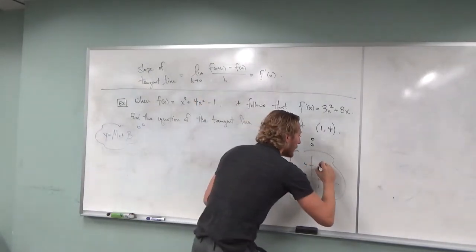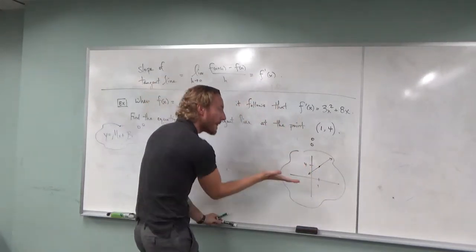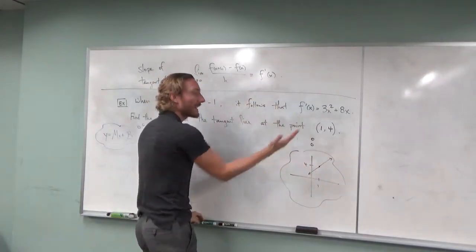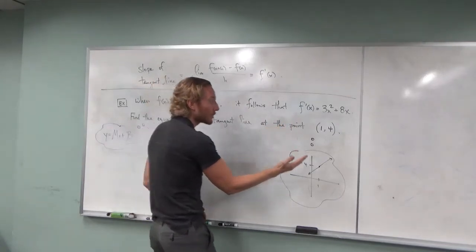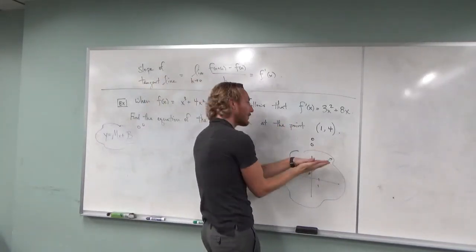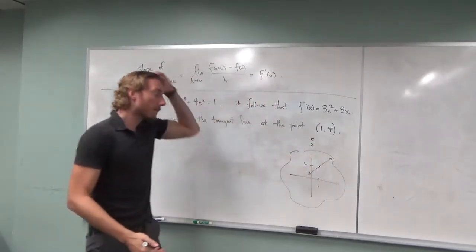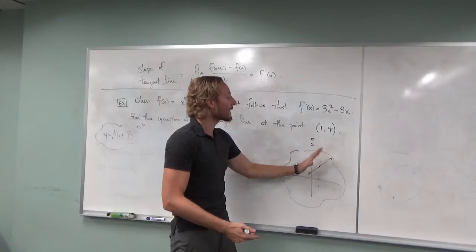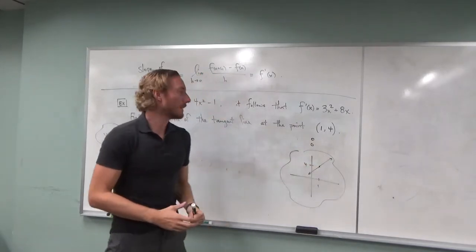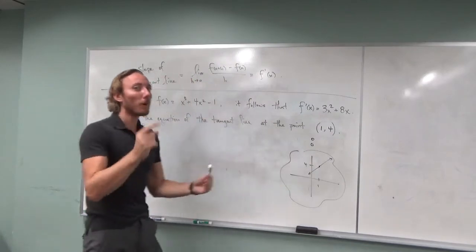Once you have a point and once you have a slope, the line is fixed. To be a different line through that point, you'd have to have a different slope, either more positively sloped or less positively sloped, maybe even negatively sloped. If you are going through a particular point and you have a particular slope, there's only one line you can be.